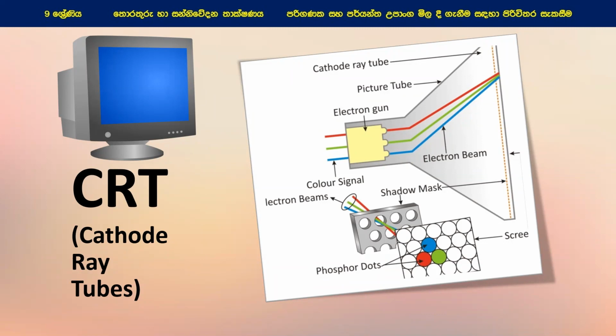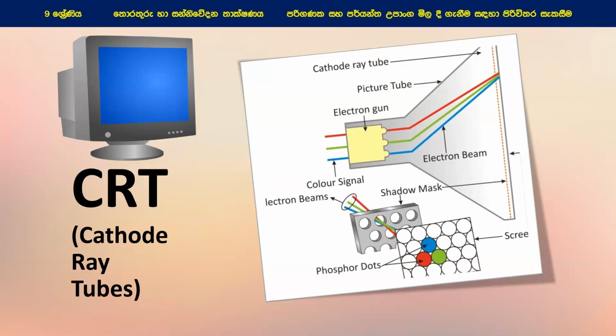Because the back of the CRT screen actually contains a cathode ray tube. This cathode ray tube helps the electron beams. There are three types of electron beams, generated by the electron gun. That is why it is big in size, because the electron gun needs space. It is going to shoot three colors, red, green, and blue, onto the back of the screen.